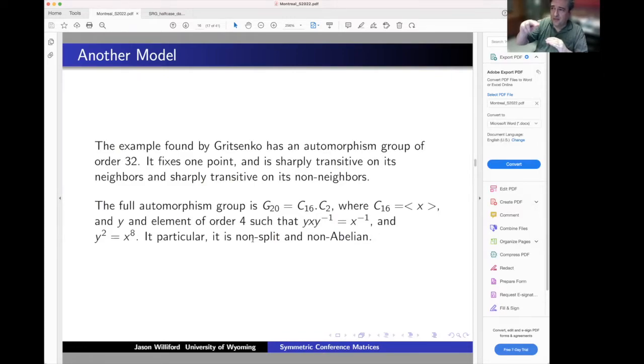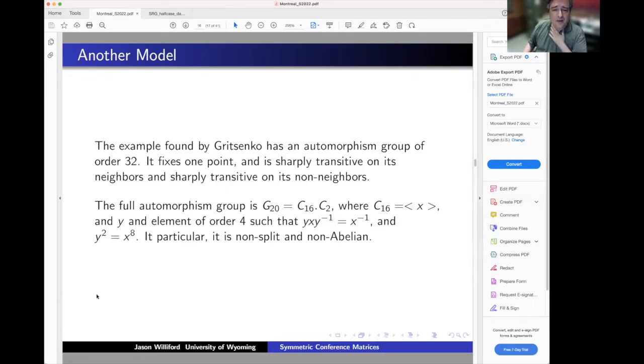So you've got these 3 pieces that we often call subconstituents. And the group was acting sharply transitively on each subconstituent simultaneously. That was it. There's no more symmetries. That's just this group of order 32 fixing one point and basically giving you a Cayley graph on each subconstituent that are knitted together.